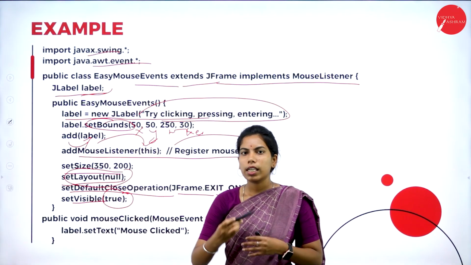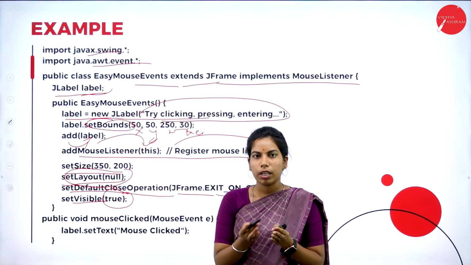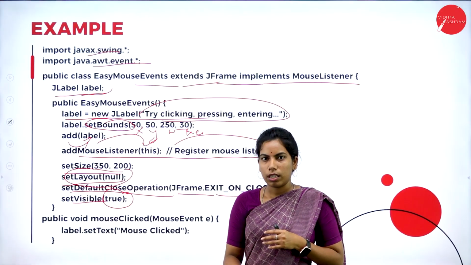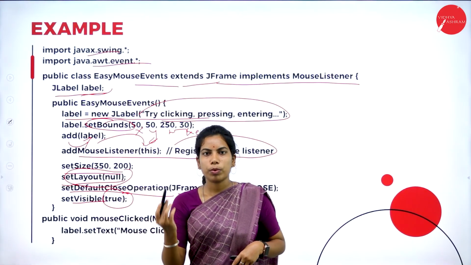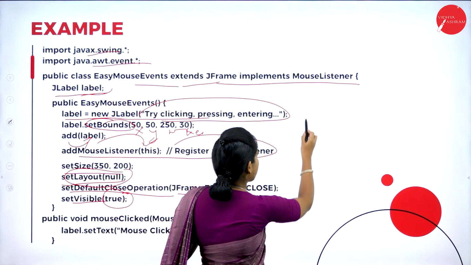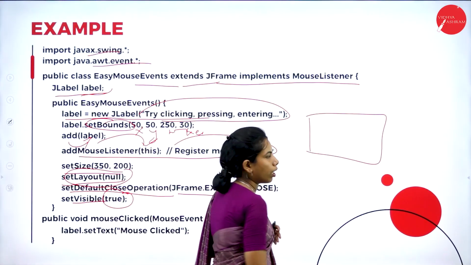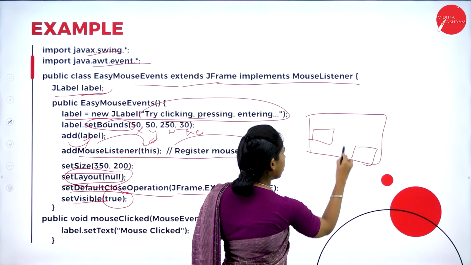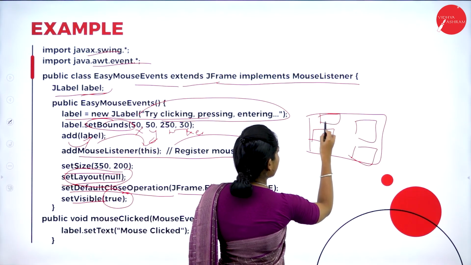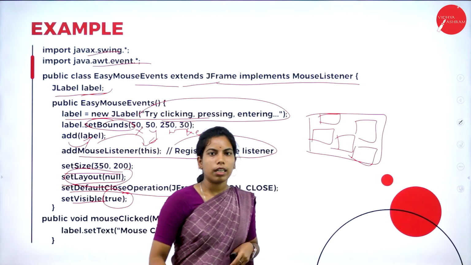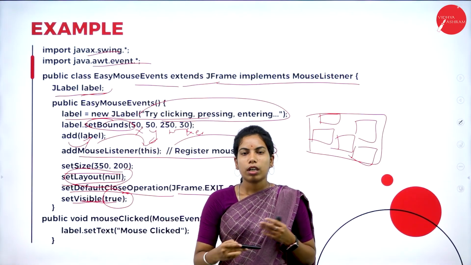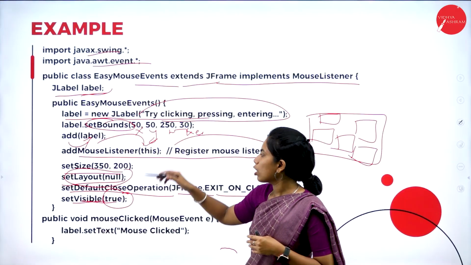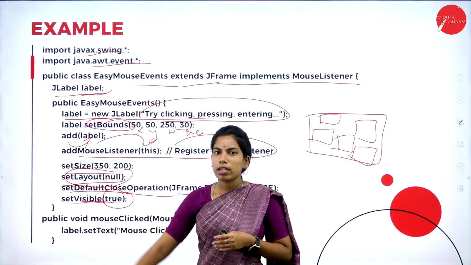By default it will place the label wherever it needs after declaring it, because we don't know at which position the label will come. For example, consider this is the frame, so the label can be placed either here, here, here, here, or here. That is managed by default, communicating between the OS, the operating system, and Java, because I used AWT and Swing here.